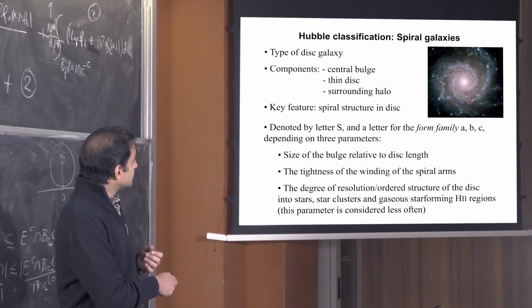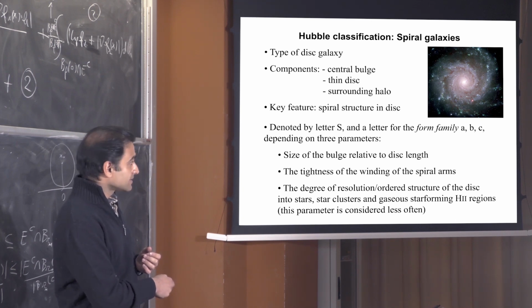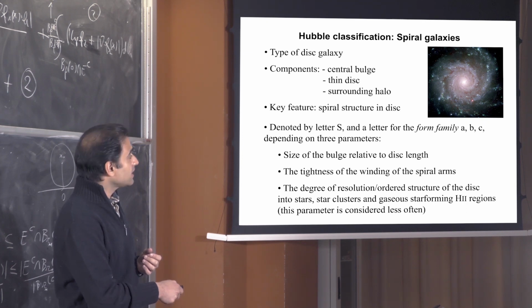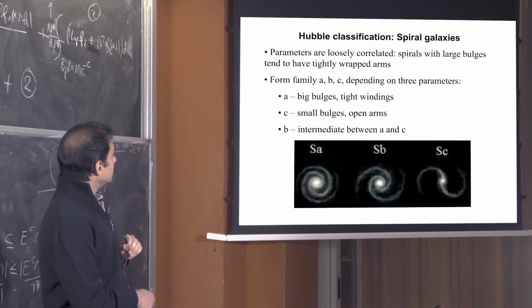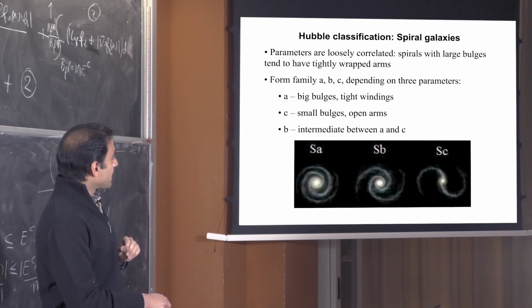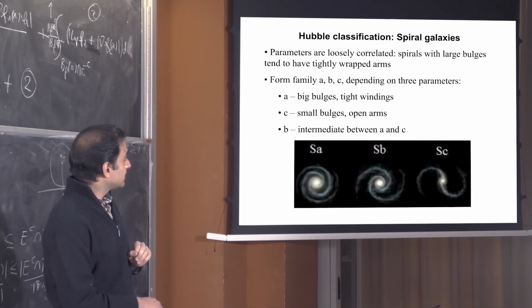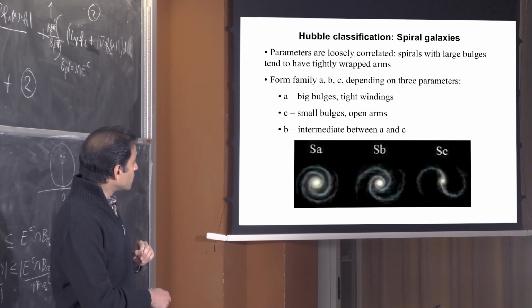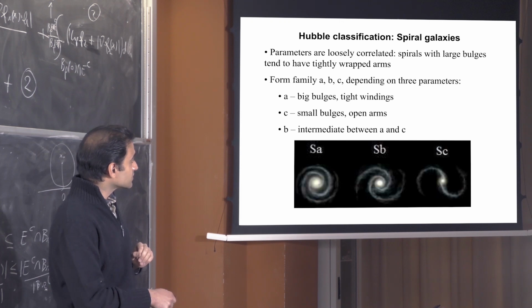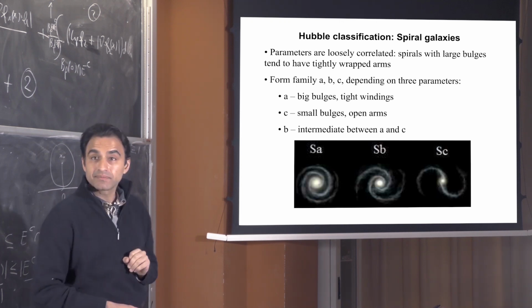The spiral galaxies are usually denoted by the letter S, followed by small letters a, b, c. These are images of spirals. All of them are spirals, but the tightness of the winding of the spiral arms around the nucleus changes from an Sa galaxy to an Sc or Sd galaxy.